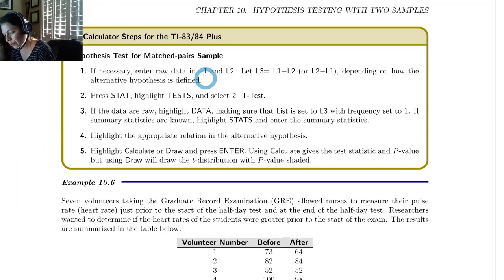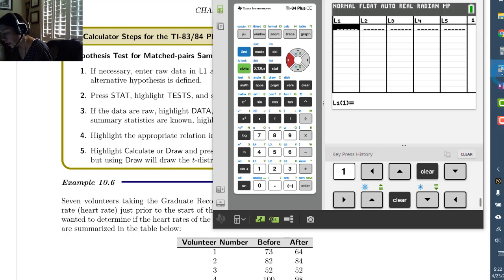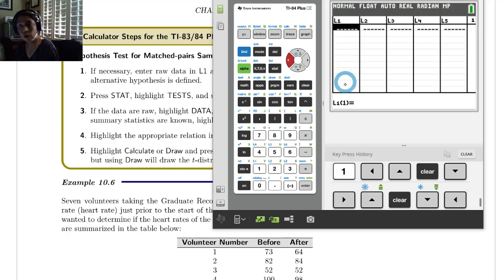Okay, so how do we do this? So in the calculator, what we're going to do is we'll go to our calculator, and we're going to put before in list 1 and after in list 2, or subjects in the first sample, subjects in the second sample.